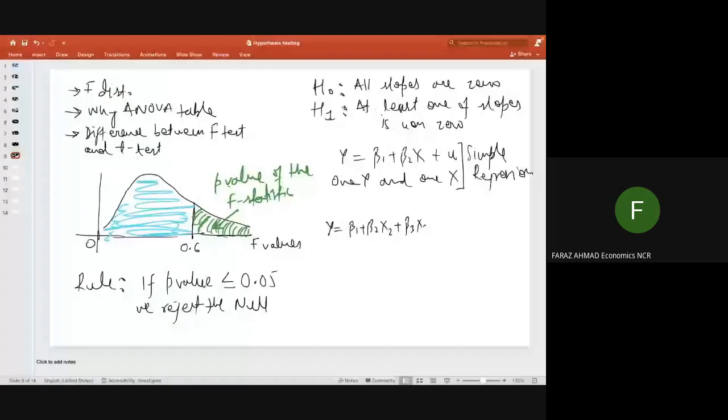But we will be dealing in future with multiple regression, which looks like this. We have one y and many x's. This is called multiple regression.